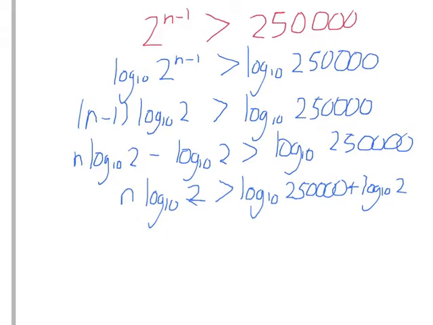Now, if you wanted to, you could combine this and put it as one logarithm, because the addition law means that we multiply these two numbers together. The final thing to do is divide by the common value log to the base 10 of 2 to leave n on its own.